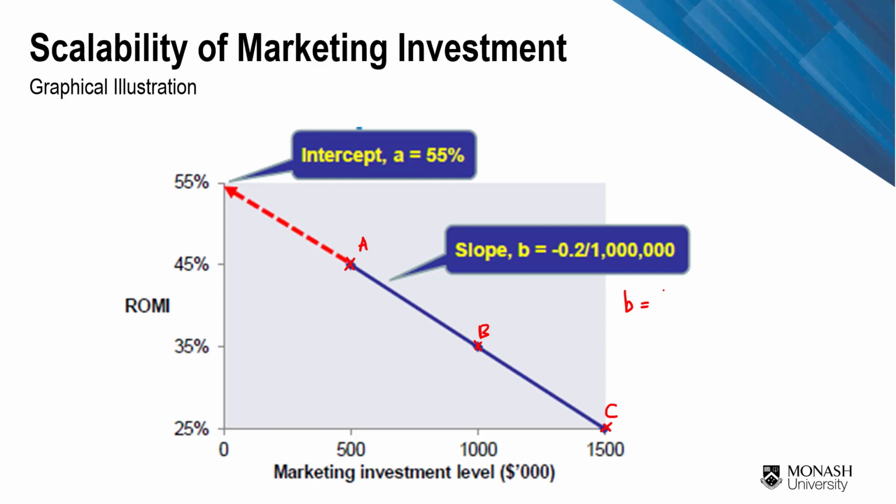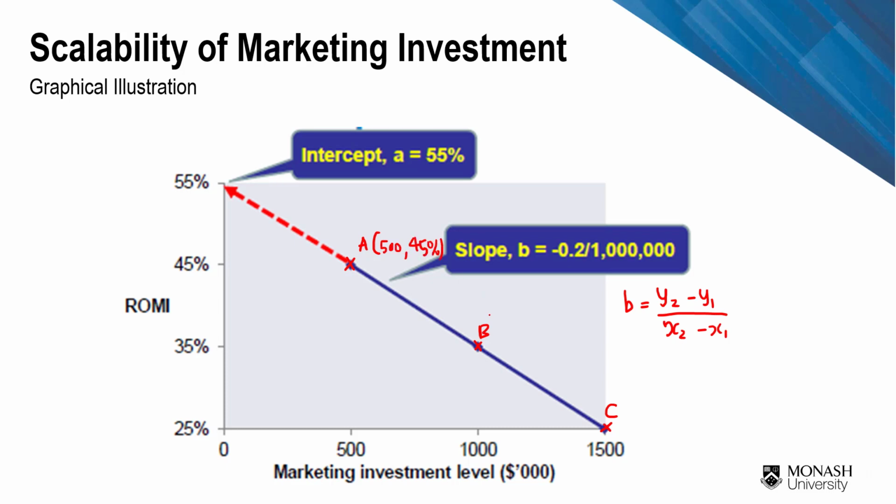But the formula is y2 minus y1 divided by x2 minus x1. So as I said just now, you can pick any of the 2 points that you want. So let's say I'm going to pick this point, let's say A, for convenience.